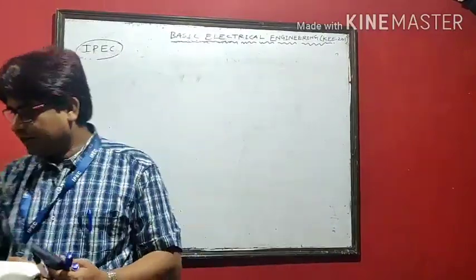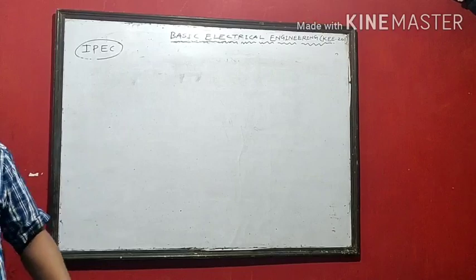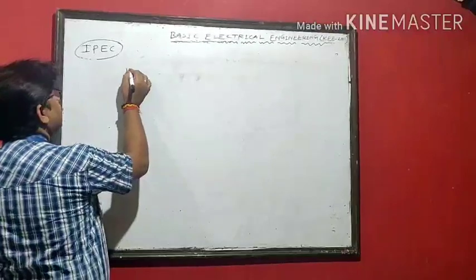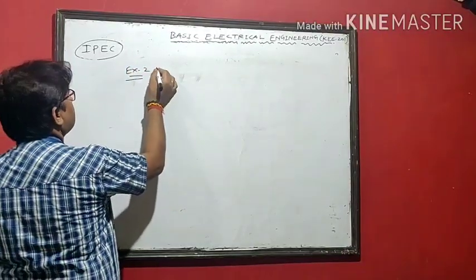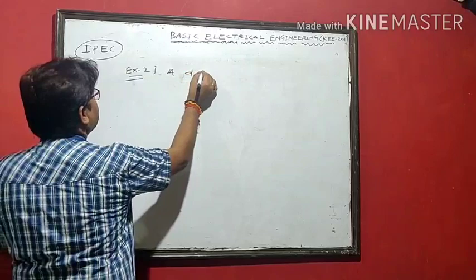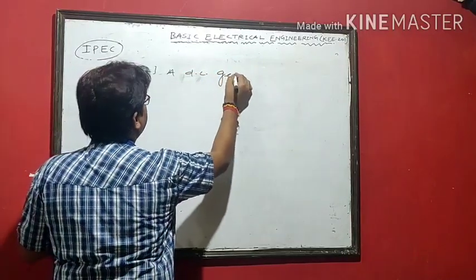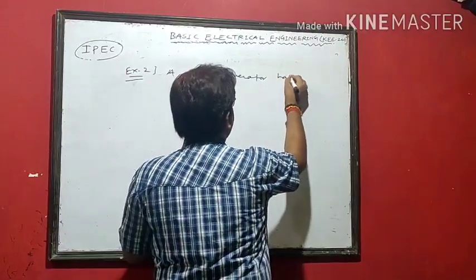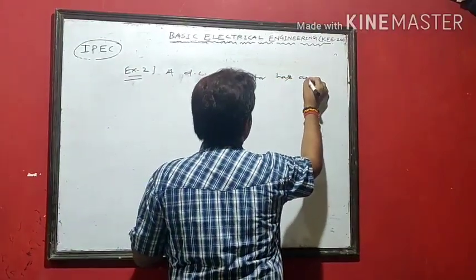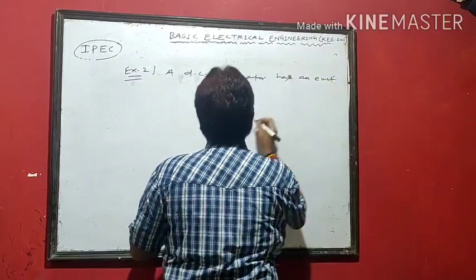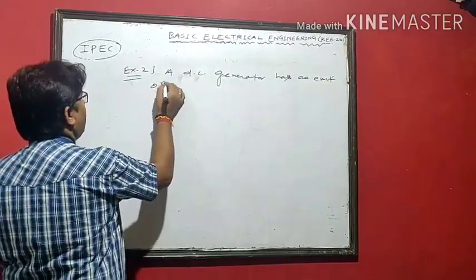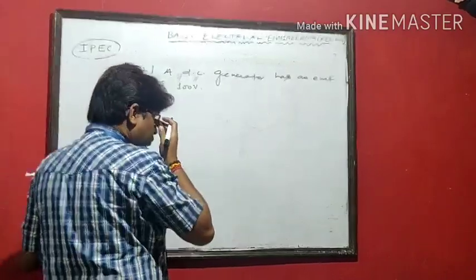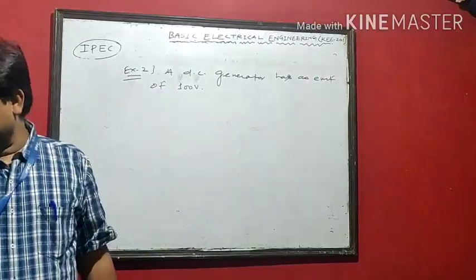Example 2: a DC generator has an EMF of 100 volt and useful flux per pole is 20 milliweber.